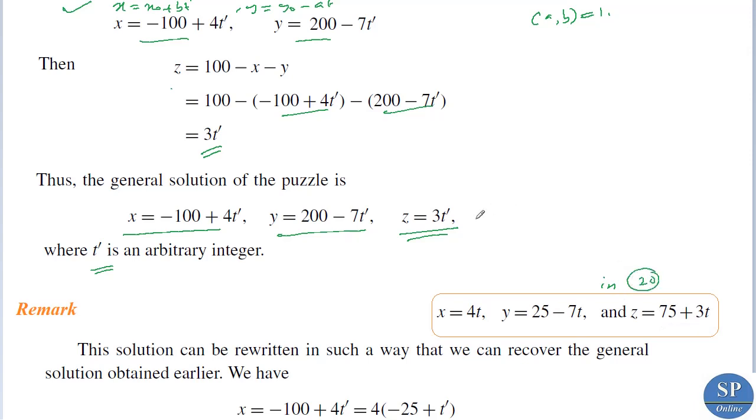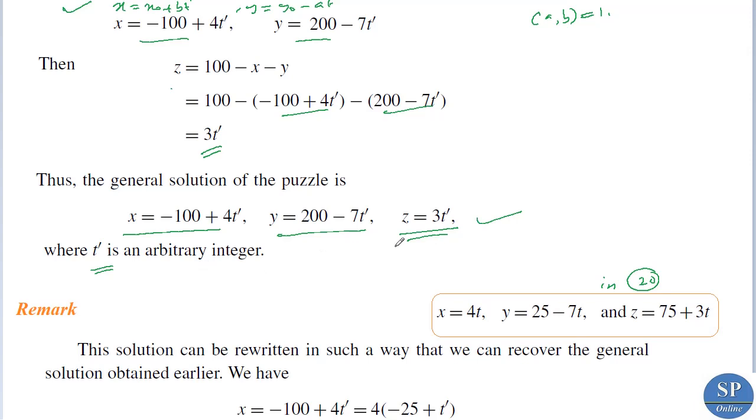But here we obtained the solution as x equal to minus 100 plus 4t dash, y equal to 200 minus 7t dash, z is equal to 3t dash, where t dash is an arbitrary integer. Here t dash is just a variable we used for indicating an arbitrary integer.